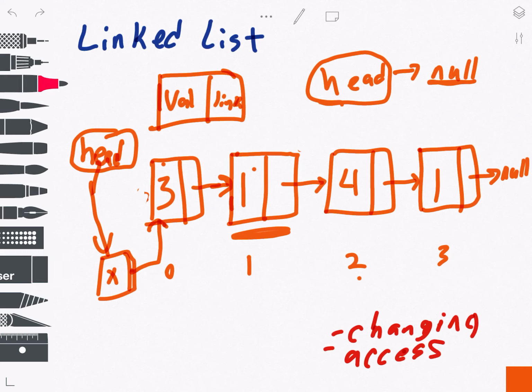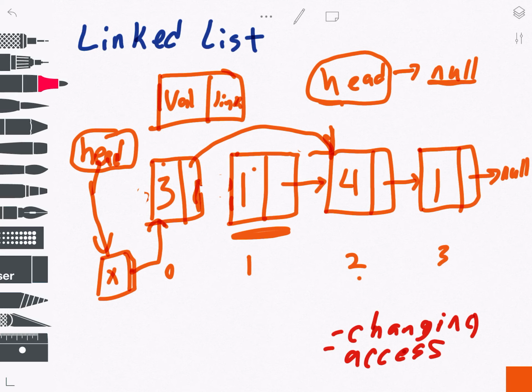What I want you to do is point at the thing that 1 is pointing at. It's no longer pointing at 1. It's now pointing at the thing that 1 was pointing at.